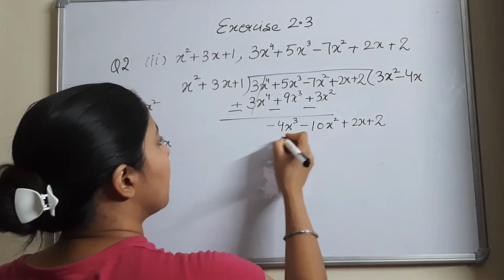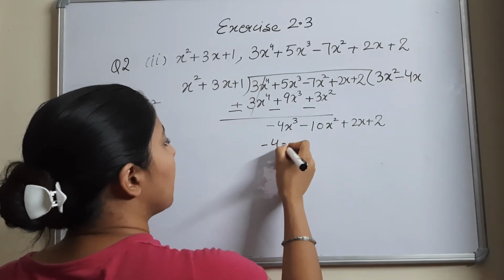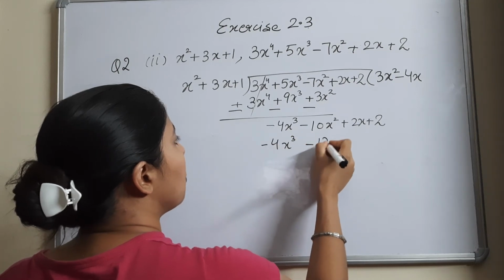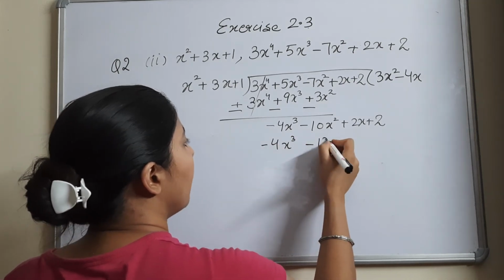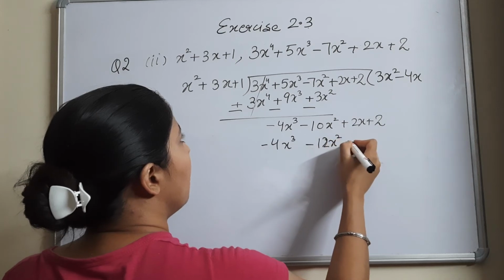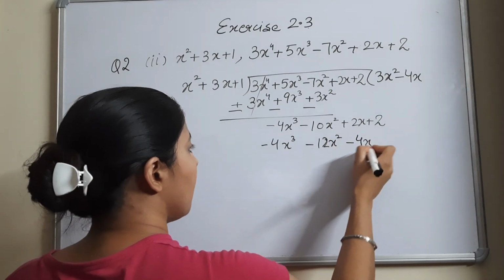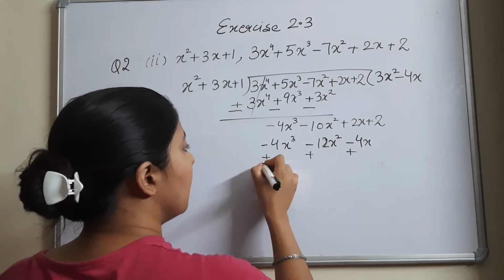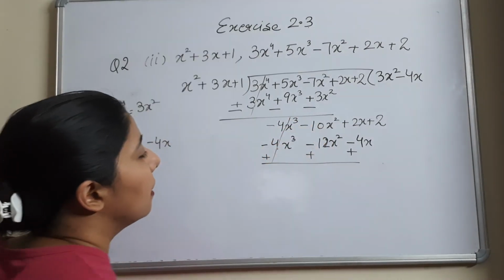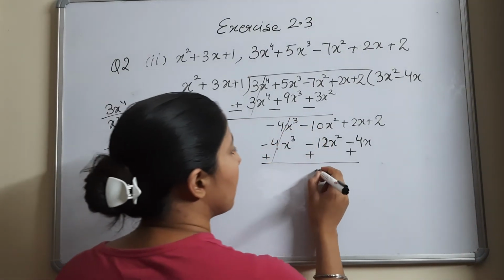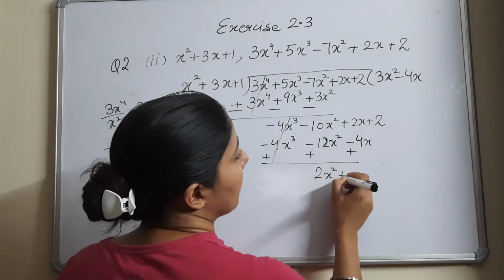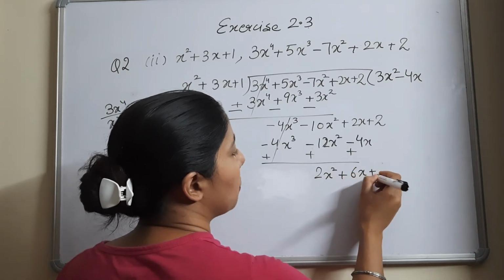Multiply minus 4x here: minus 4x cube minus 12x square minus 4x. Now change the signs. Cancels each other. Now write it as 2x square plus 6x plus 2.